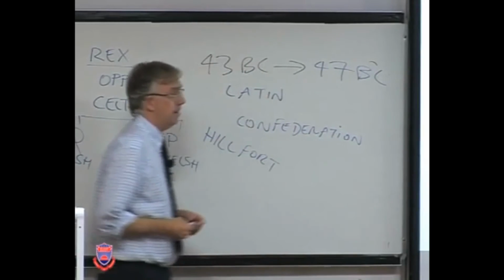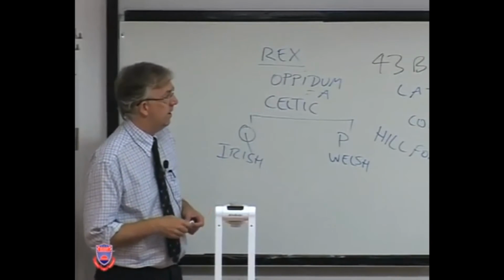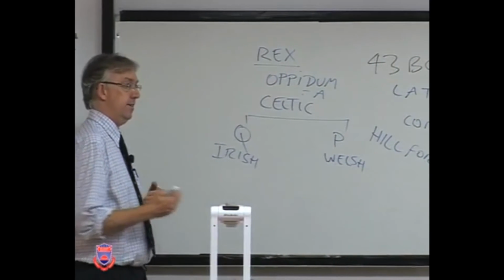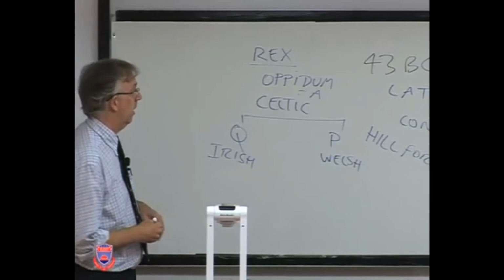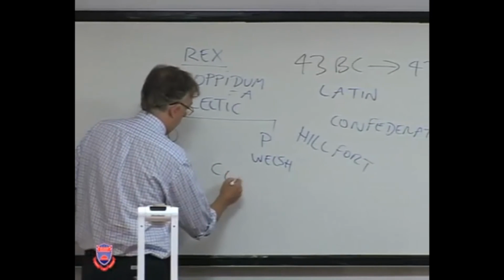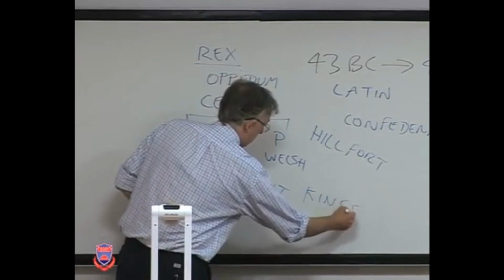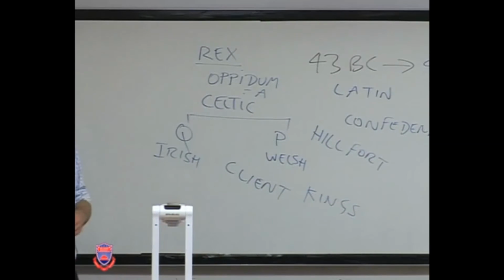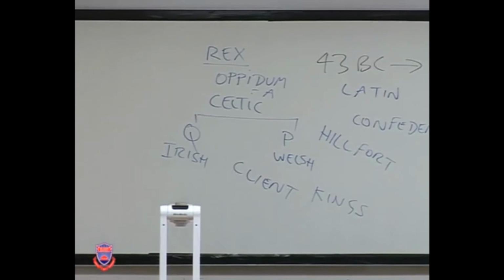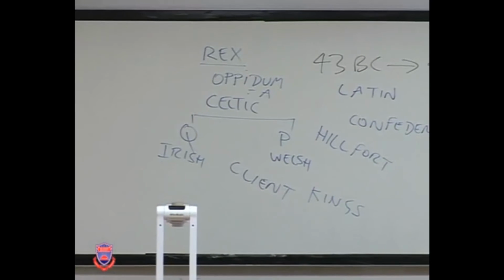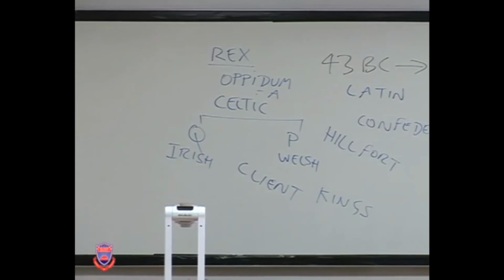What the Romans did is they conquered some areas directly, and in other areas they kind of intimidated the local rulers into becoming what we sometimes describe as client kings. So these people retained their independence, they retained their status as king, rex, or whatever, over their tribe, over their people.